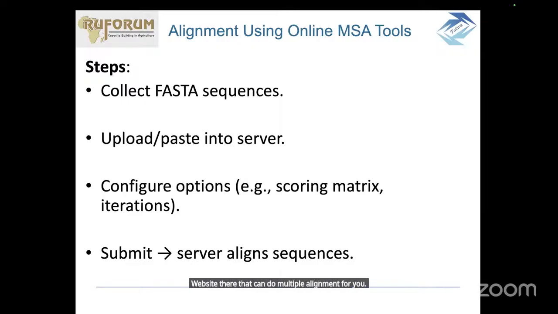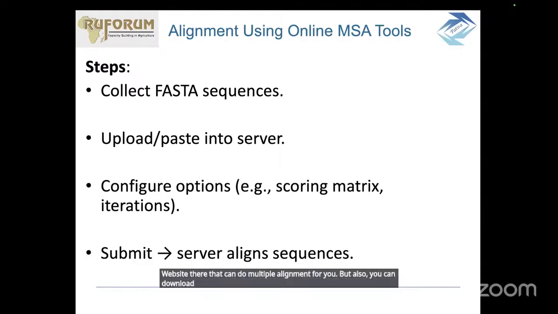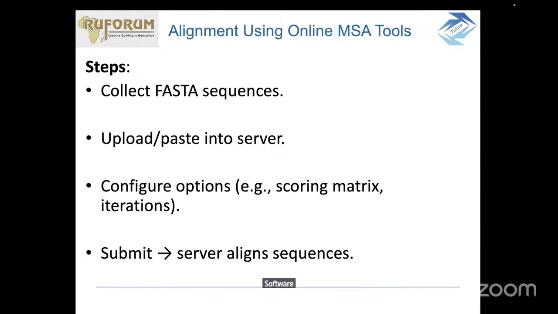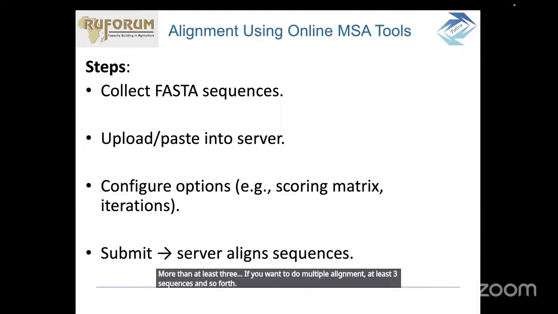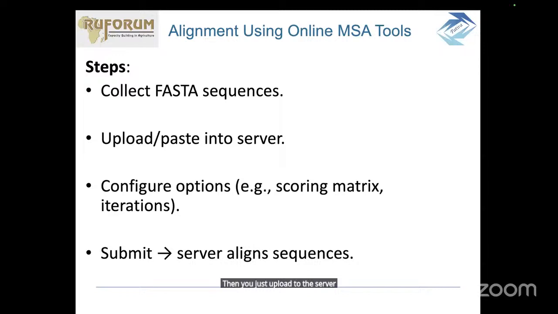You can also download software on your computer. You need at least 3 sequences if you want to do multiple alignment, and then you just upload them to the server.